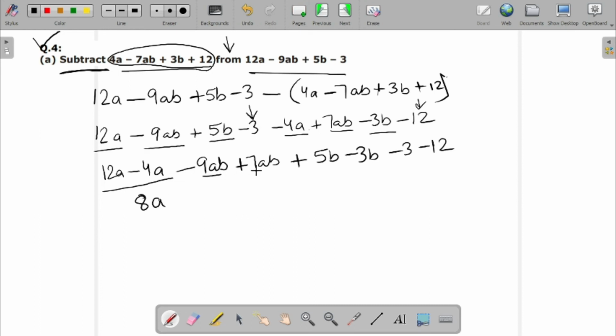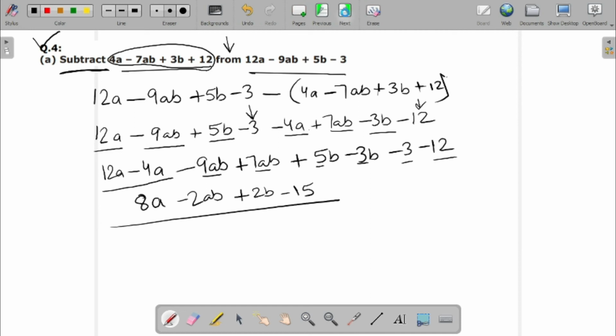Minus 9 plus 7, just like integers, so it will become minus 2ab. 5 minus 3, that is 2. Minus 3 and minus 12, minus 15. So this will be the answer in case of question number 4, A part.